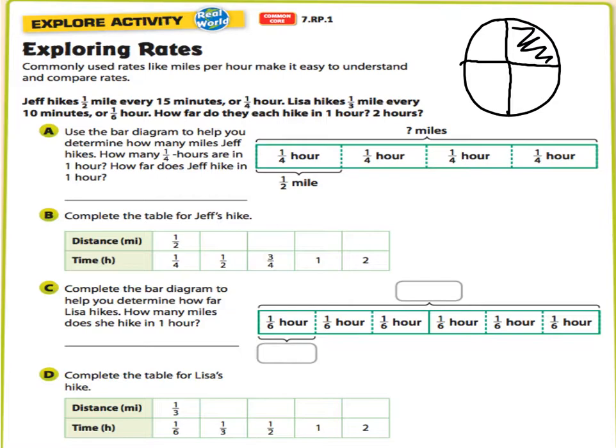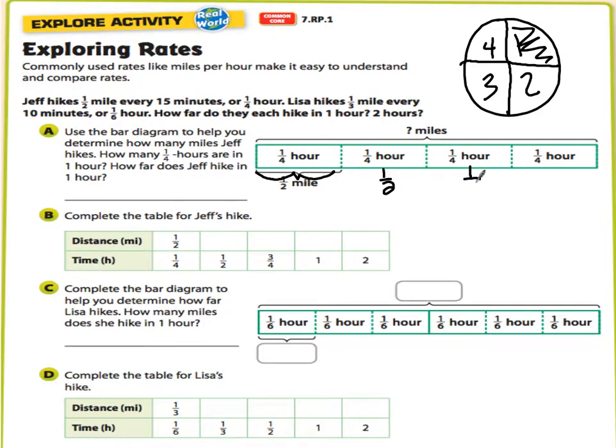So we're going to use the bar diagram to help us determine how many miles Jeff hikes in that time frame. Okay, so in 1/4 of an hour, he goes half of a mile. Well, in 1 hour, there has to be 1, 2, 3, 4/4 of an hour. So in each of those 4/4, there has to be half of a mile.